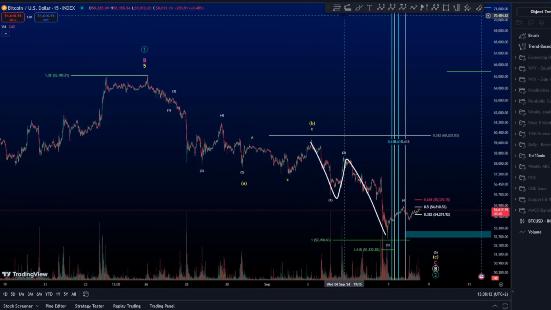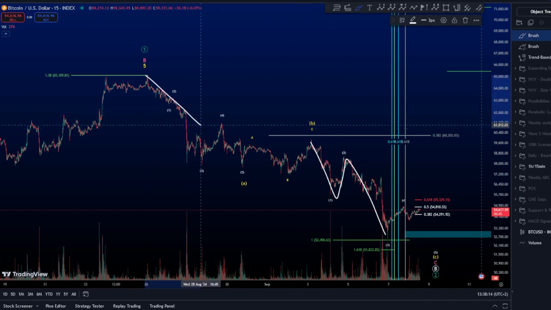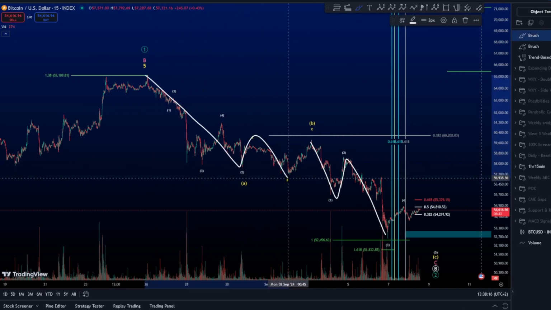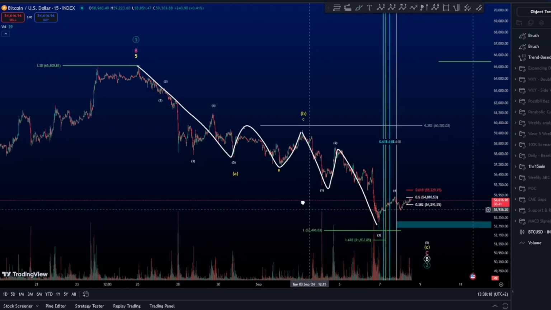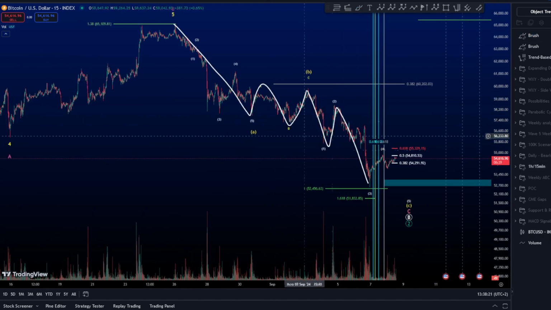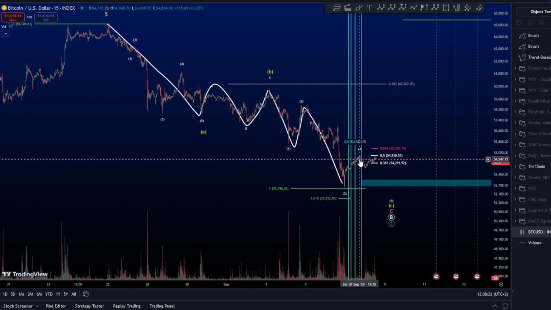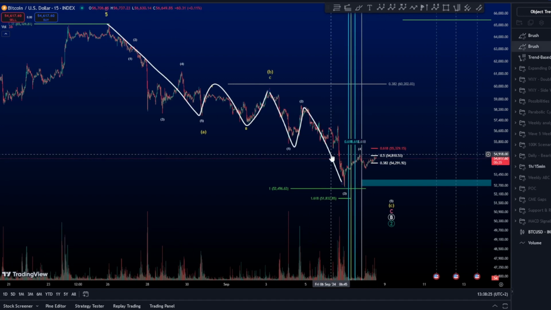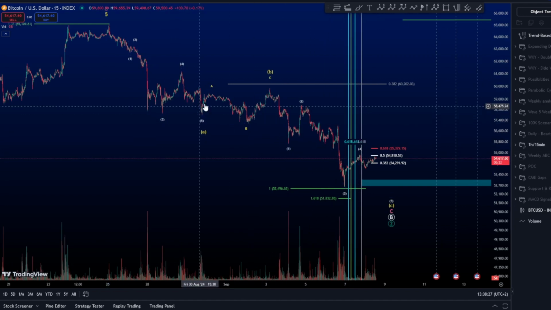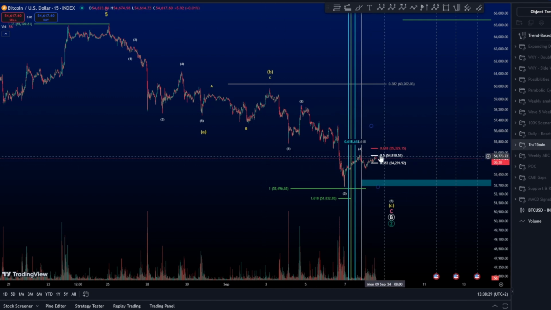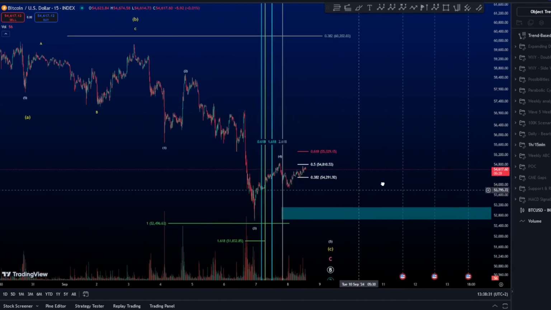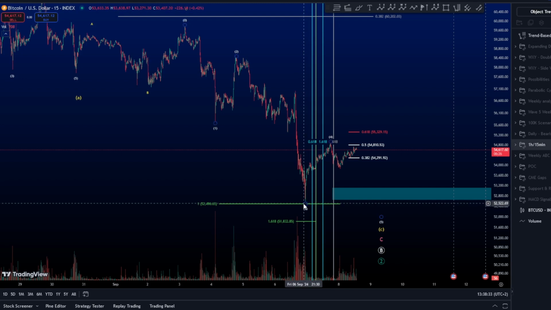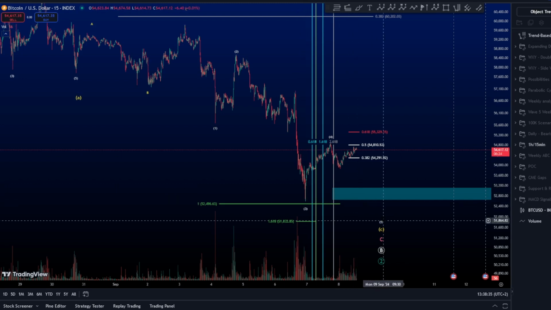Once forming a zigzag, that means here you have a W and X as a flat, and then a zigzag. So it is a complex structure, WXY. Of course, the only scenario that we can go to is not having any more lower prices than this low here, right? As a wave 5.